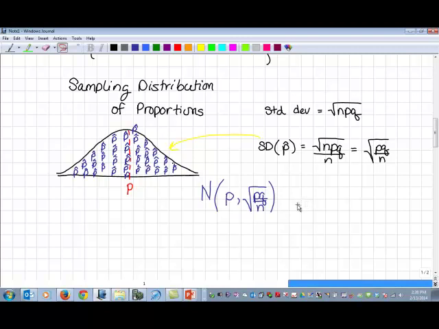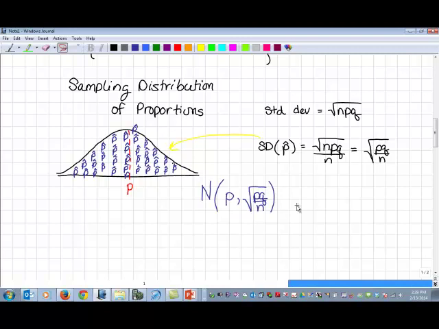Of course, to be able to use this model, I need to check a couple assumptions. First is that the individual values, or the sampled values, are independent of each other. And the second assumption is that my sample size is large enough. It's always hard to check an assumption, so we have to check some conditions, and two of the conditions actually seem to contradict each other. The first one is that our sample is less than 10% of the population.